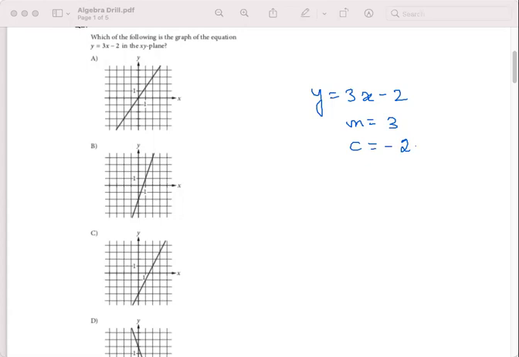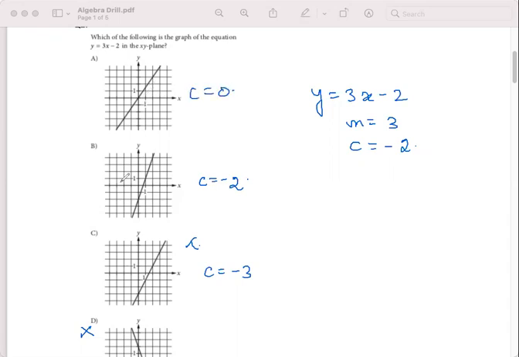So the slope being 3 means that D is already out because this is a falling line and a falling line will have a negative slope. This has a y-intercept of negative 3, so this is out. This has a y-intercept of negative 2, so this is still in the running, and this has a y-intercept of 0.